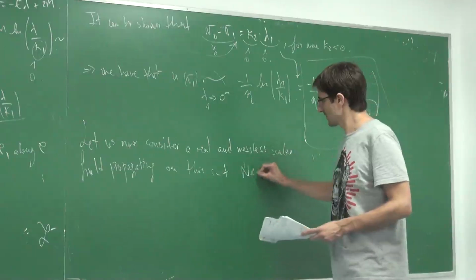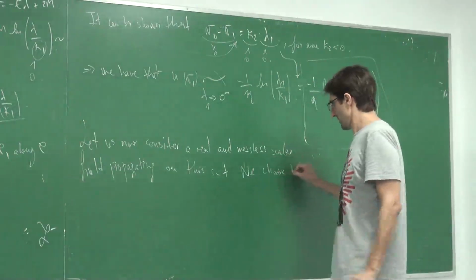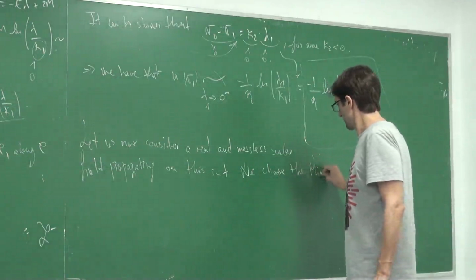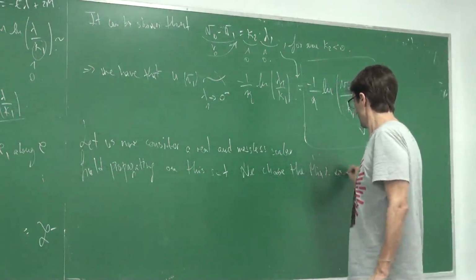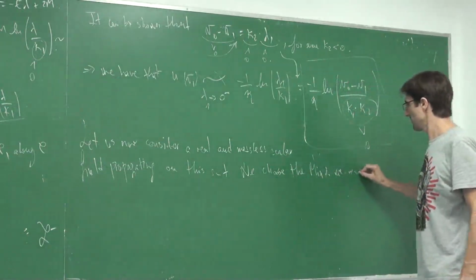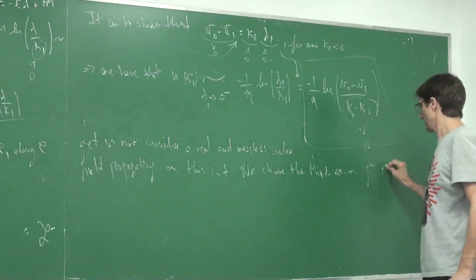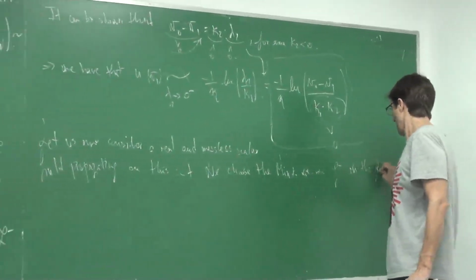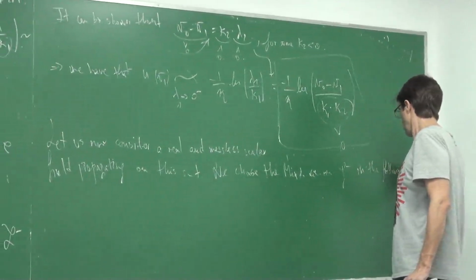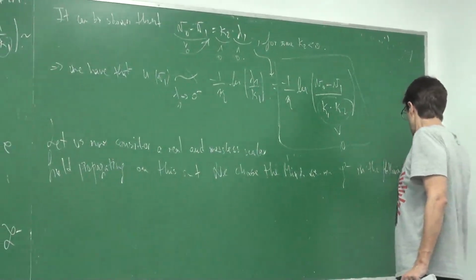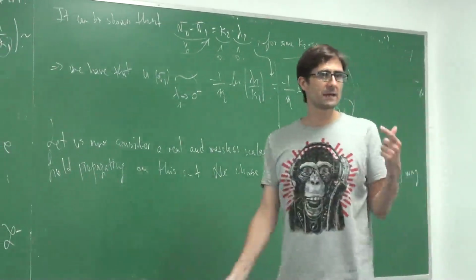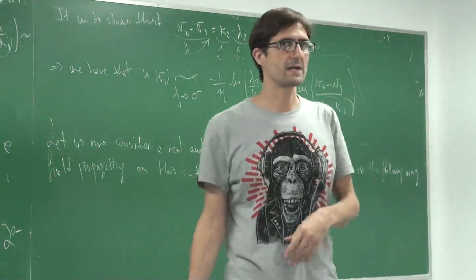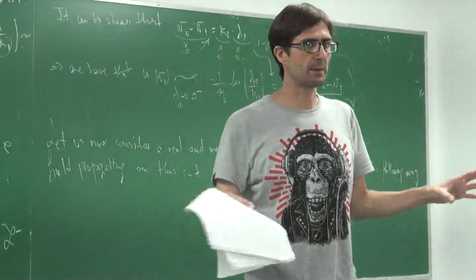So we choose the Minkowski vacuum on scribe minus in the following way. As I said, at the start you've got matter, or gas, if you wish, that starts collapsing gravitationally.